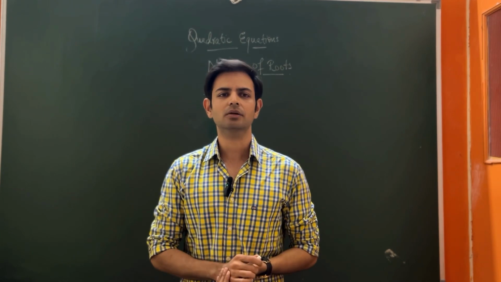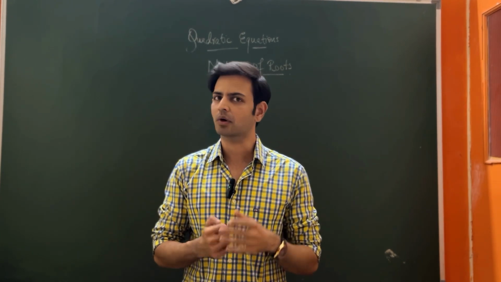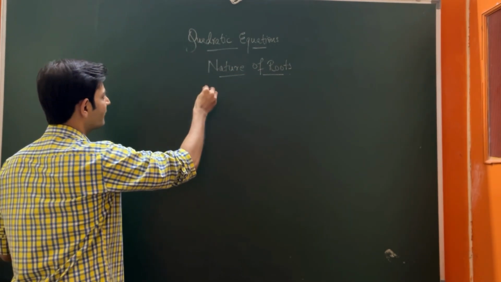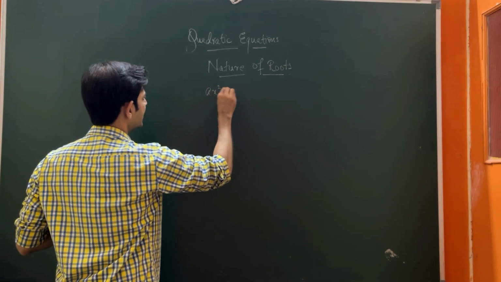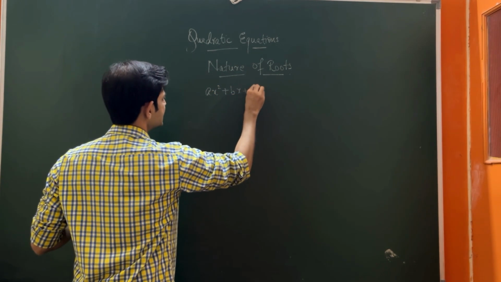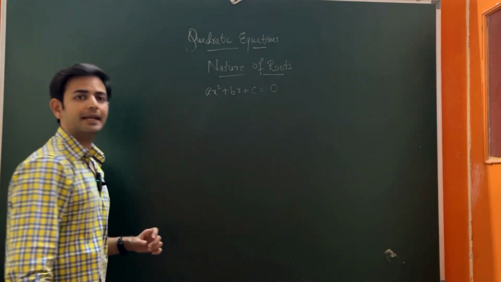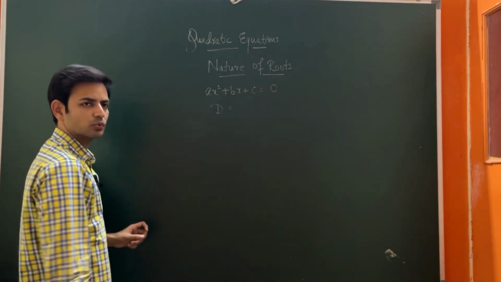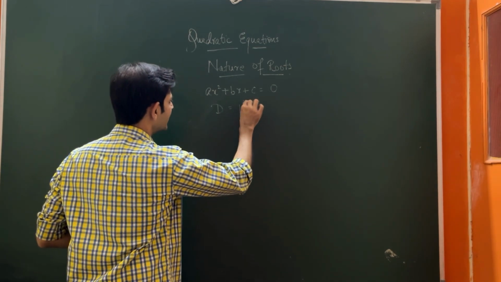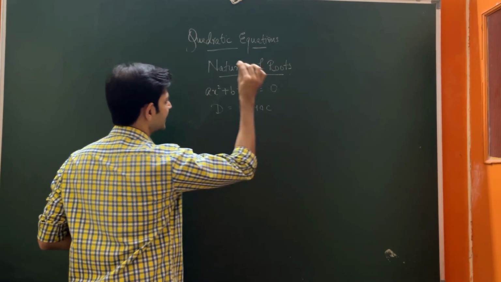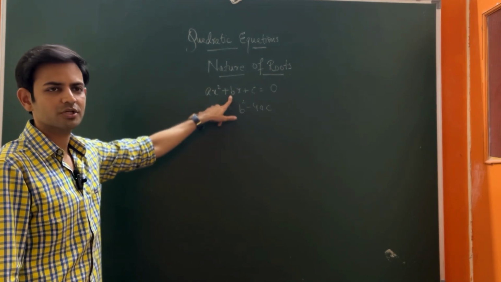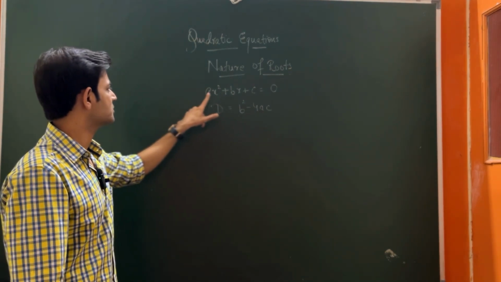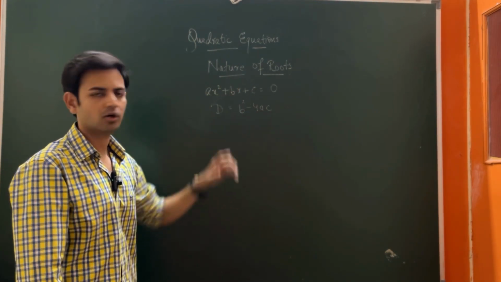Now let us understand the concept of nature of roots in quadratic equation. Our standard form of quadratic equation is ax squared plus bx plus c equal to 0. Now we have a term called discriminant, which is equal to b square minus 4ac, where b is the coefficient of x, a is the coefficient of x square and c is a constant.